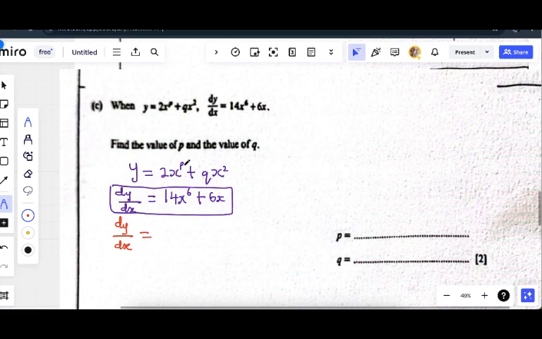If you differentiate this one, this p will come to the back. It becomes 2 times p, that's 2p. Then we write the x raised to power p minus 1. It's a standard formula. You subtract 1 from the power: p minus 1.